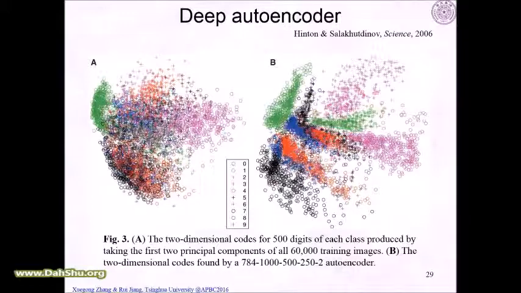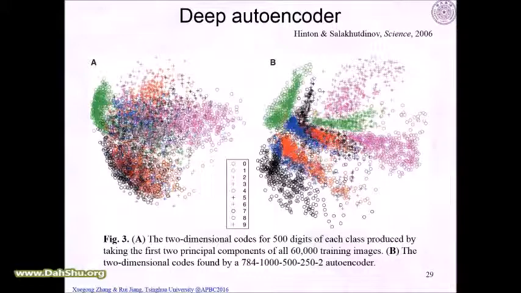They built an autoencoder from the original 28 by 28 input to 1000 to 500 to 250, and then to 2 coding nodes, and then they decode it in the unrolling, and they remove the decoder, and they use only the 2 nodes, and these are the display of the 2 dimensions of the 2 nodes.